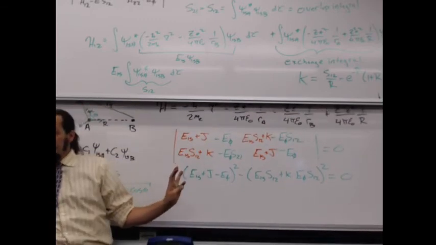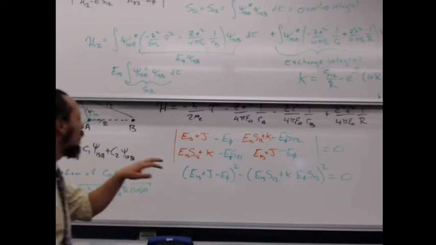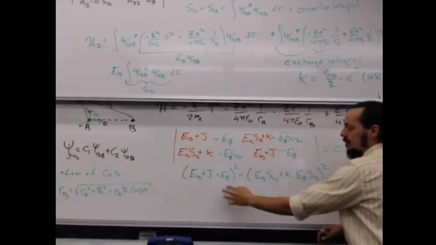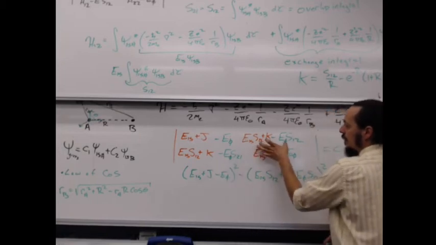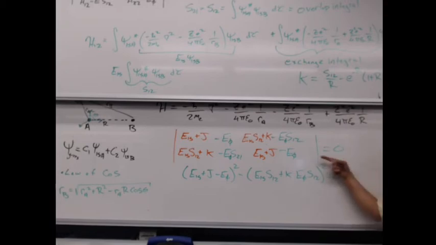Because of this symmetry of the problem, and the reason this symmetry happens is not coincidence, it is because of the functions we chose for the problem we were working on. But I'm going to have this times that, which is just that term squared. This times that, which is just that term squared. And this has to be equal to 0. So now all you have to do is solve that for E phi.